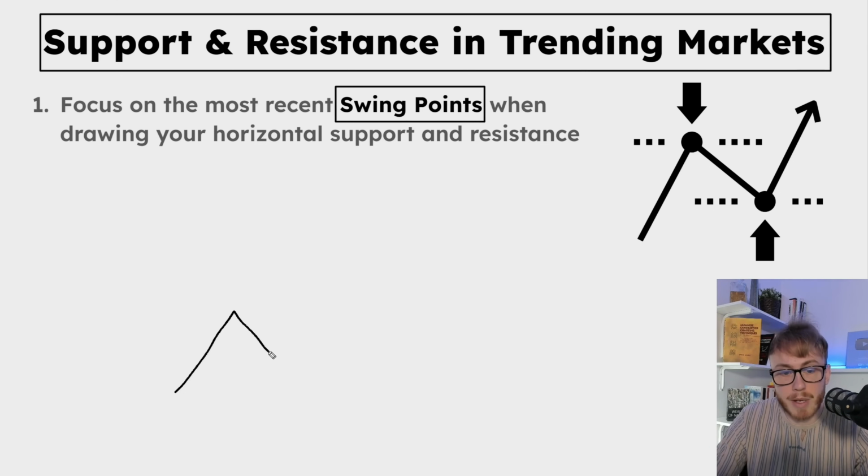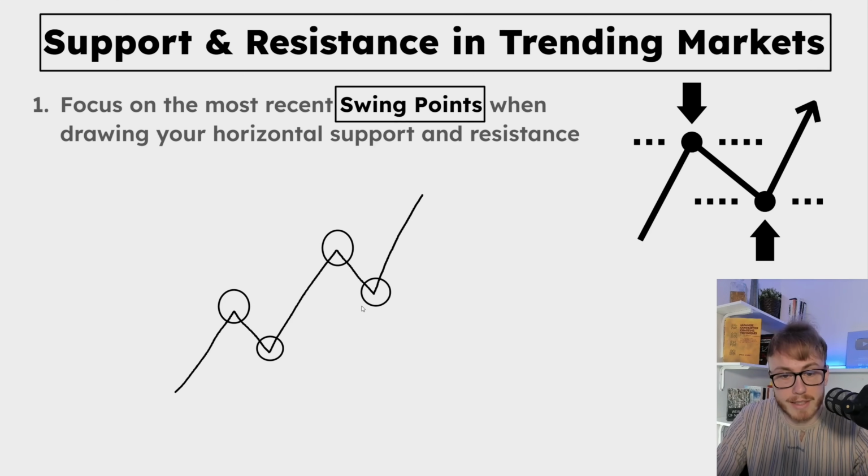So basically, if this right here is an uptrend, we want to focus on the recent swing high. For example, this right here is a swing high, this right here is another swing high, this right here is a swing low, and this right here is a swing low. When we draw support and resistance in uptrends, we want to focus on the recent swing high.